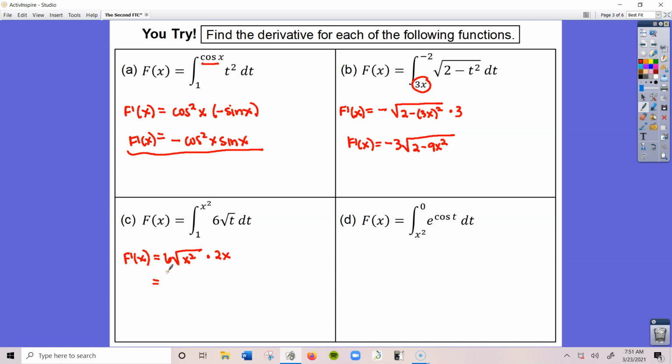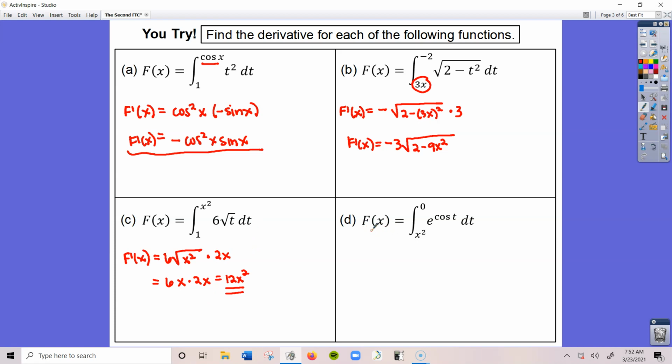Now we simplify. We have 6. The square root of x squared is just x, and then times 2x, and that would give me 12x squared. Now, if you're ever unsure if you got the right answer, you can always go through the process of finding the integral with the x squared, getting your answer, and then taking the derivative from that.